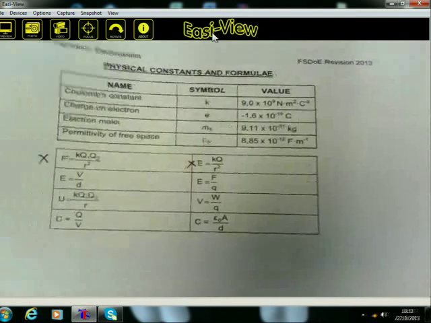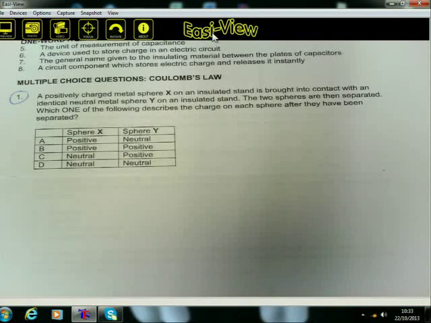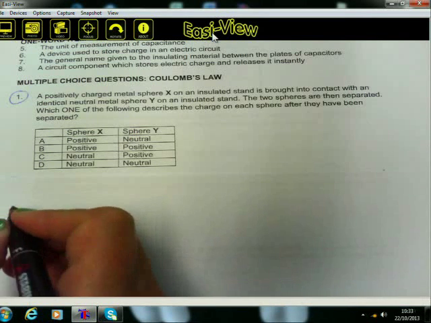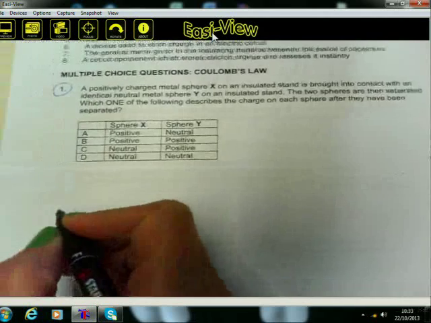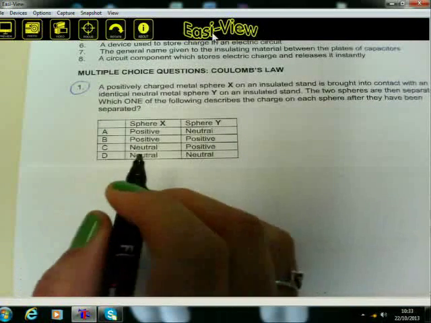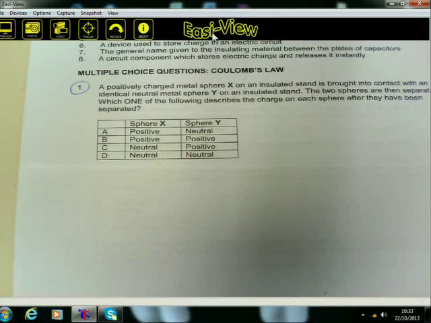So let's quickly write them down. The first one is Coulomb's law. I'm going to read it to you in words, and as I read the words, I'm going to write the equation, and you'll see where it comes from.